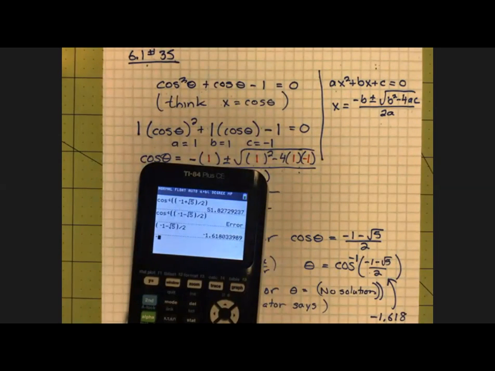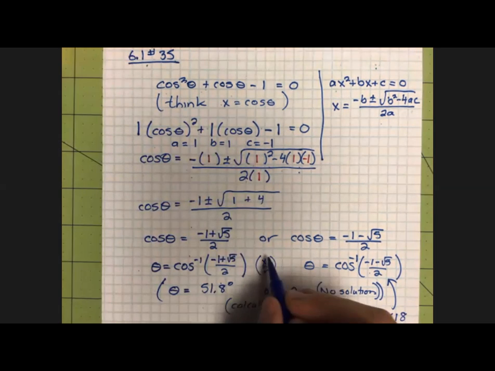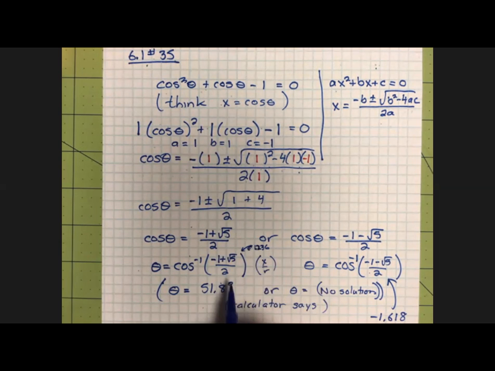Now just for numbers, what's minus 1 plus root 5? Just to attach a number to it. 1.236. Approximately. So that over 2 would be something like 51 degrees.